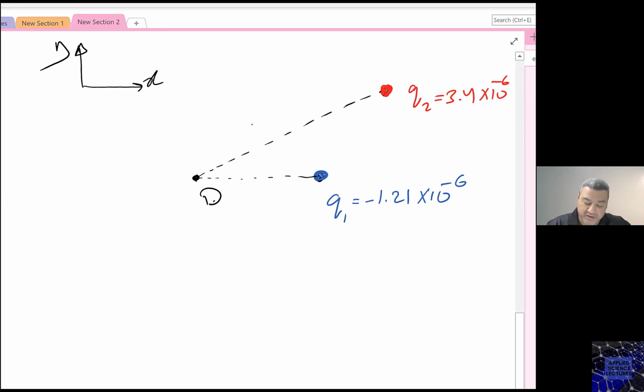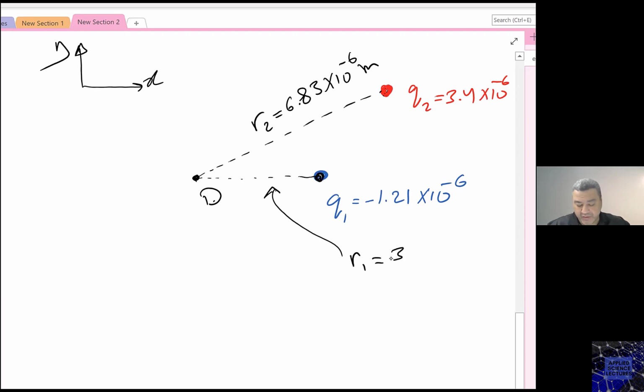So this distance, let me call R2, as 6.83 power minus 6 meter. And this distance, R1, is 3.19. So this is Coulomb meter.